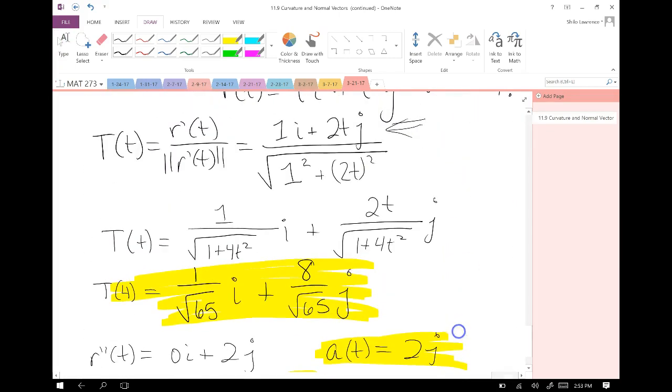Look at our T right now. 2t over, we can't do with the 4's in there, 2t over the square root of 1 plus 4t squared. You want to do the derivative of that? It's going to be a quotient rule and a chain rule. Where are we finding the derivative from? Find the derivative of T of t. Oh, okay. Yep. So we've got 3 options for doing a sub n.